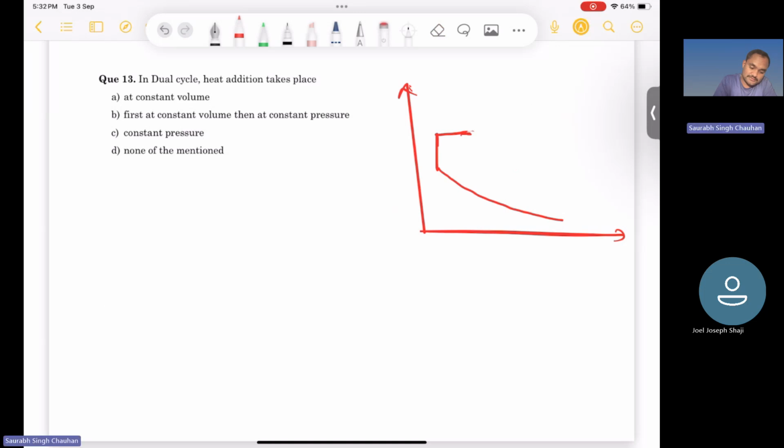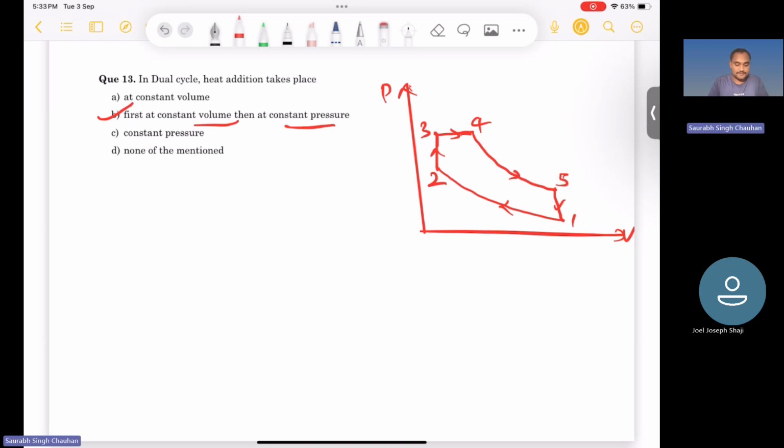So 1 to 2 is isentropic compression. 2 to 3 is constant volume heat addition, and 3 to 4 is constant pressure heat addition. Sorry, 4 to 5 is isentropic expansion, and 5 to 1 is constant volume heat rejection or exhaust. So heat addition takes place first at constant volume, then at constant pressure. Now you can easily answer this question. Part B is the correct option. Is that clear?